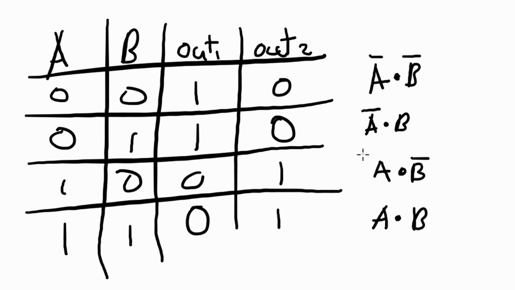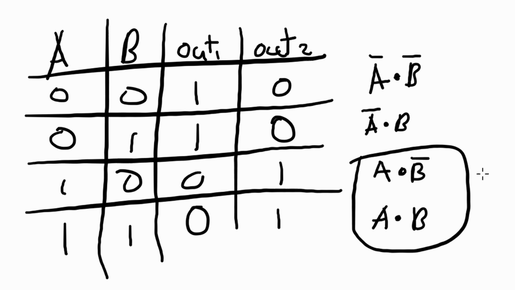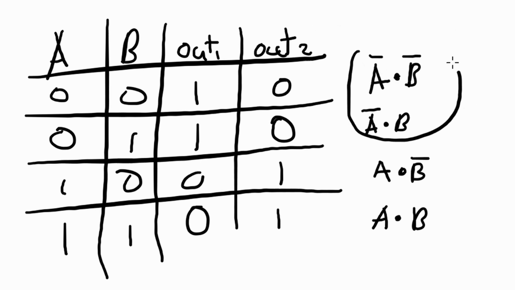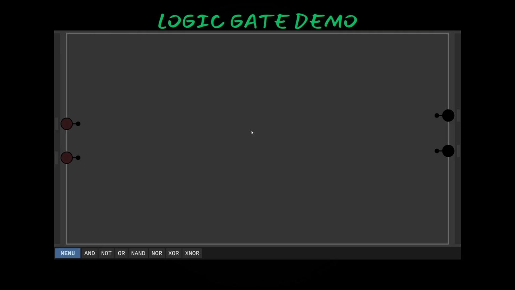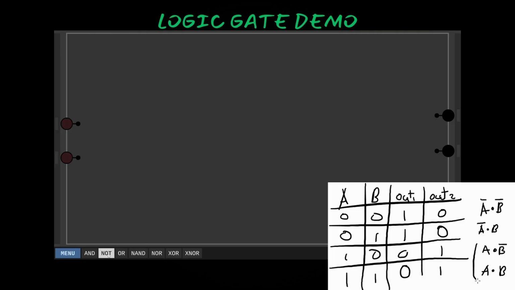So A times B is going to light up these two. This is going to go to out 2, and this is going to go to out 1, inverted, and it goes to an AND gate. A and B are inverted, so I put a NOT gate here, and that goes to an AND gate.